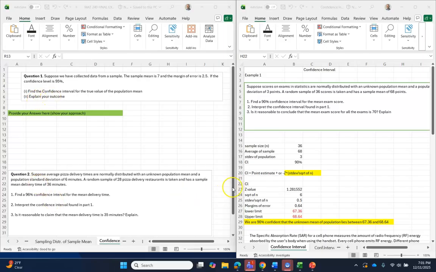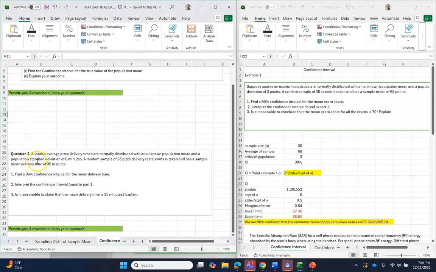And for the second question, which says, suppose average pizza delivery times are normally distributed with an unknown population mean, and the population standard deviation is provided, which is 6. A random sample of 28, so the sample size is 28, is taken and it has a sample mean delivery time of 36 minutes.